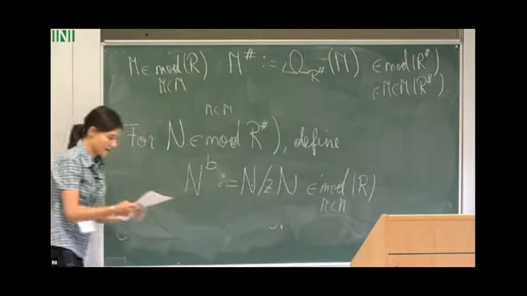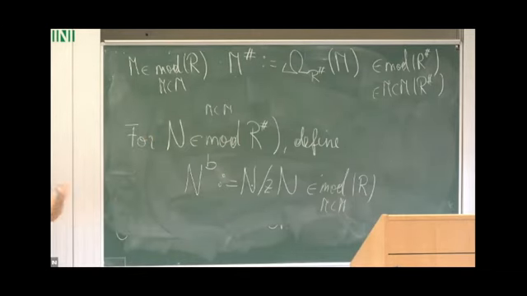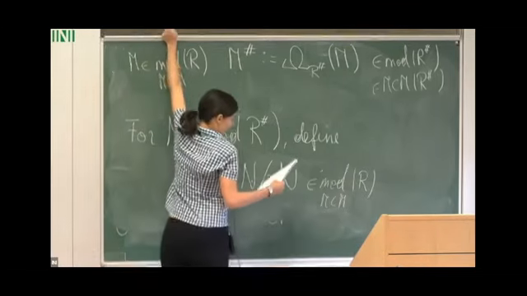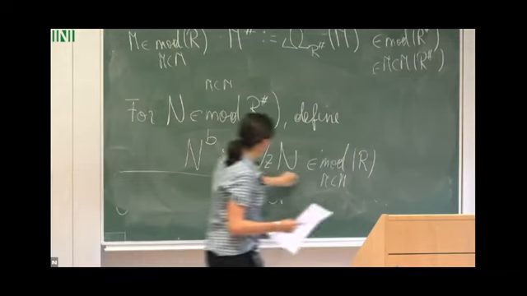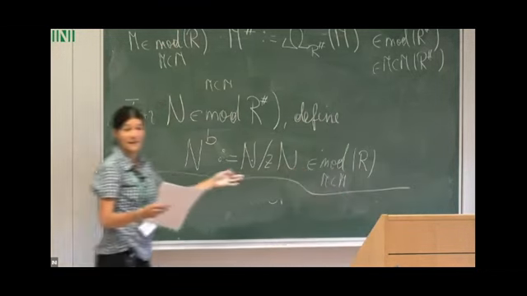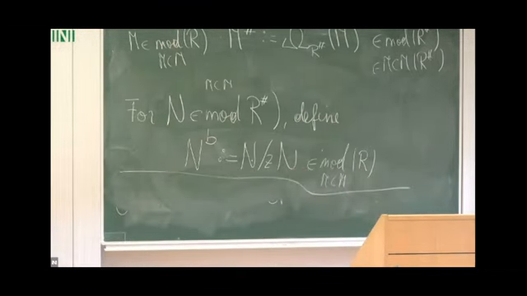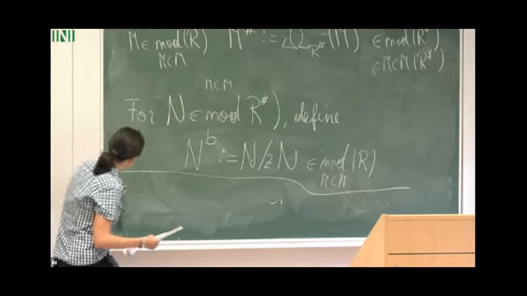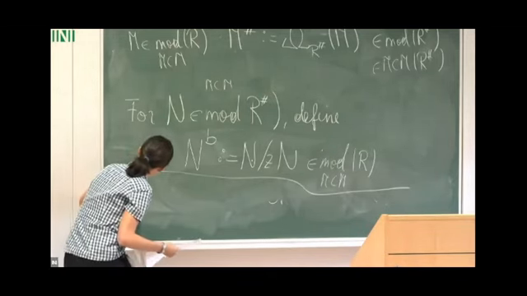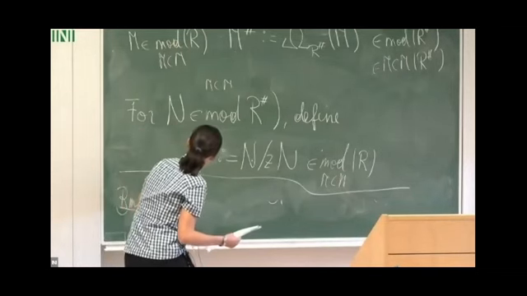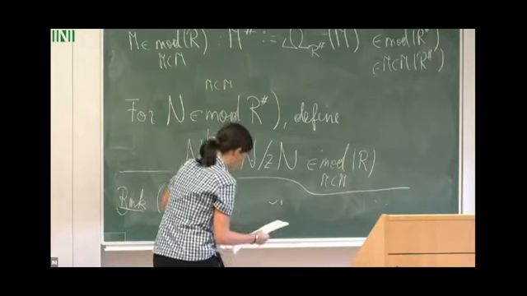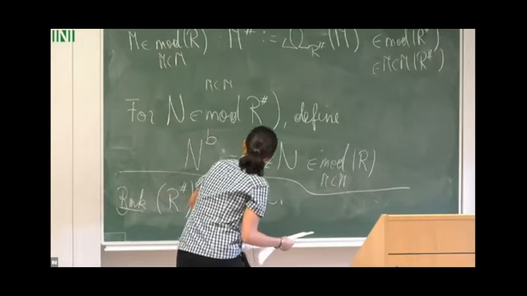And so I think, just one more thing I want to say. If you want to play around with this, then the first module you want to consider is R itself and R sharp itself. So you can actually show, as a remark or an exercise, that if you take R and you sharpen it, then this is precisely R sharp.